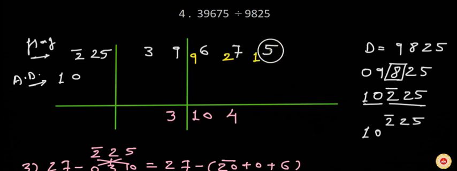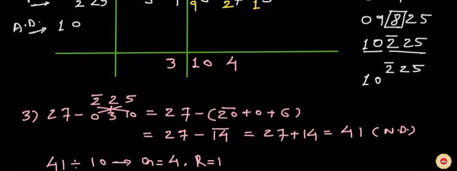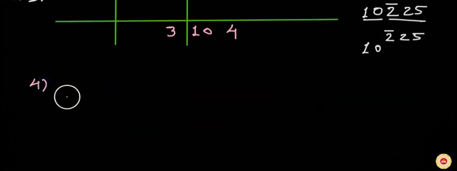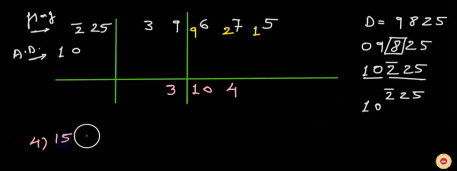Now read this as 15. This is the next gross dividend. Now we are going to calculate the net dividend. So let us write this fourth step: gross dividend 15 minus 2, 2, 5, with 3, 10 and 4.